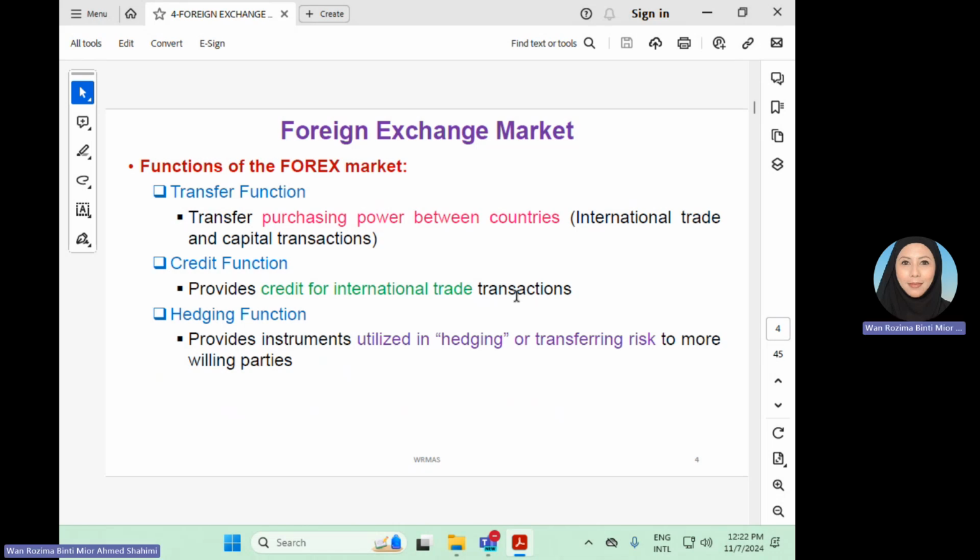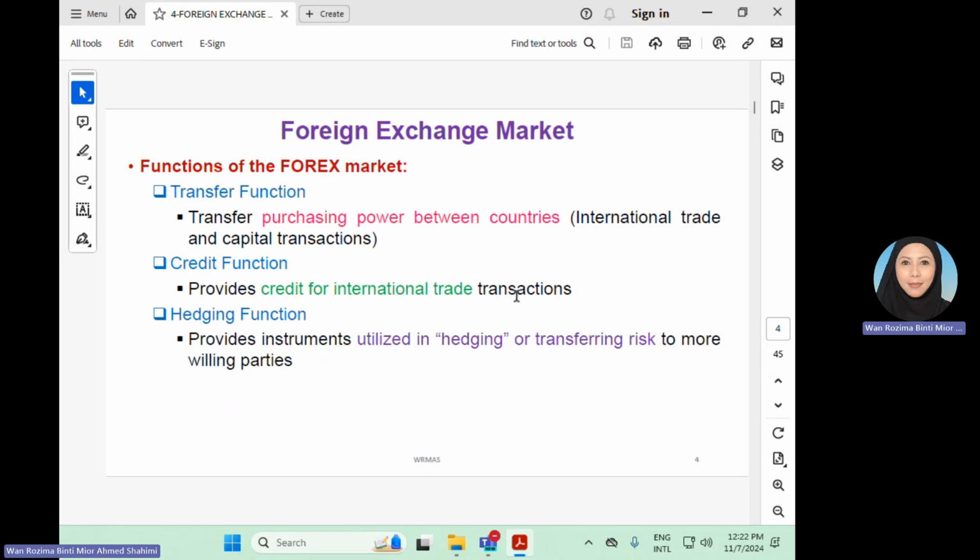And then also the hedging function. Hedging is to protect; speculating is to earn profit. When we talk about the hedging function, it provides instruments utilized in hedging or transferring risk to more willing parties.